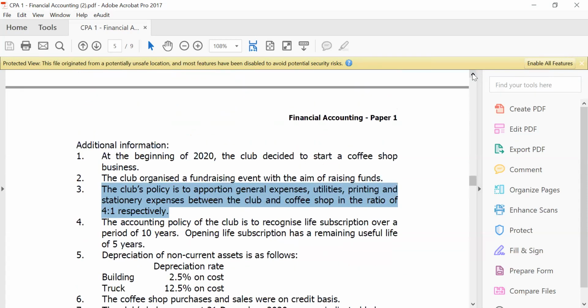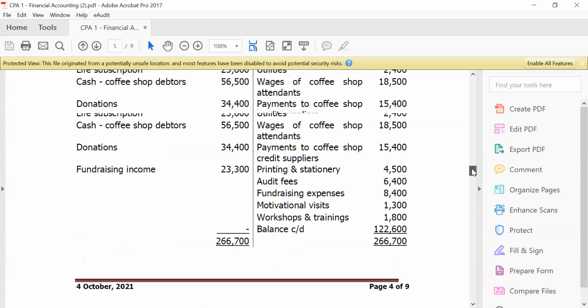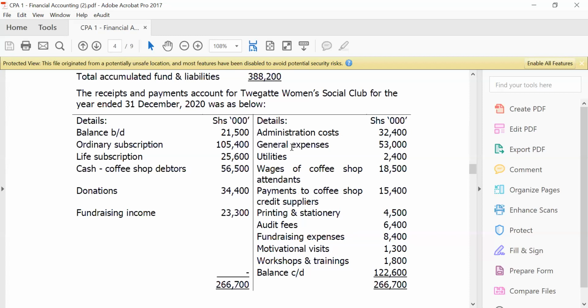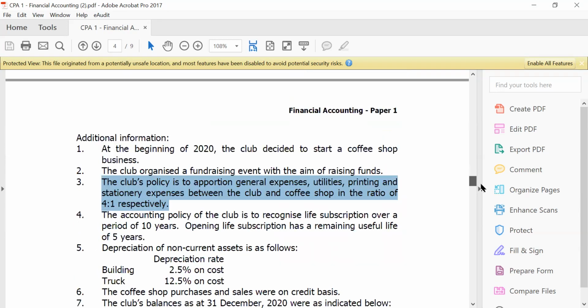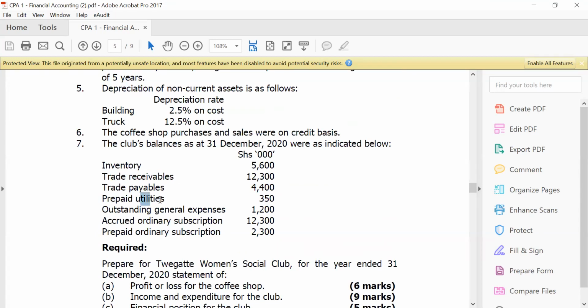So we have general expenses, we have utilities, we have printing and stationery. Now, this is a receipts and payments account. And whatever you're seeing here is money that has been paid. That does not mean that it is the total expense for the year. Why? Because we also have outstanding and prepayments in the additional information here.